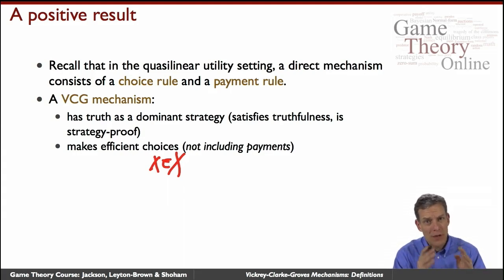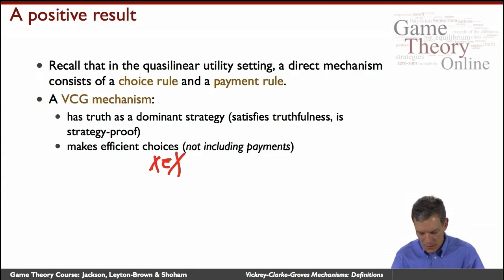The nice thing is we're going to have dominant strategies and efficient choices, and the quasi-linearity is going to be critical here in making sure everything works. And so we're looking at private values, so conditional utility independence in general.